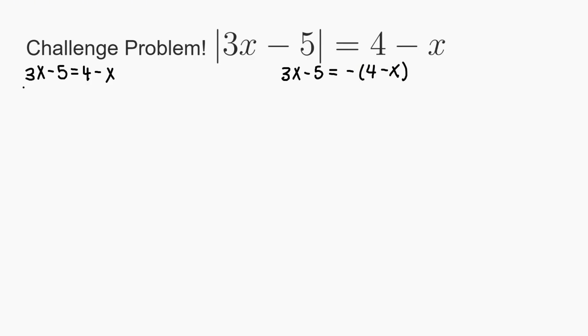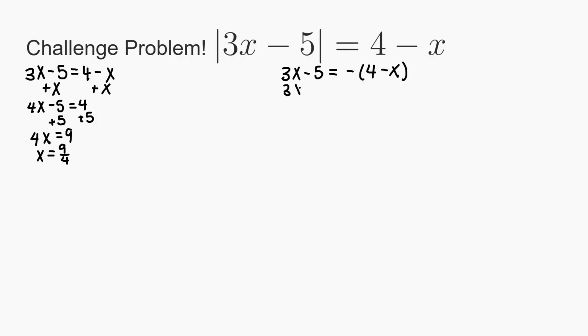Now, let's solve. So, let's add x to both sides. We'll get 4x minus 5 equals 4. Add 5 to both sides. We get 4x equals 9. We know x equals 9 divided by 4. Now, let's solve this one.